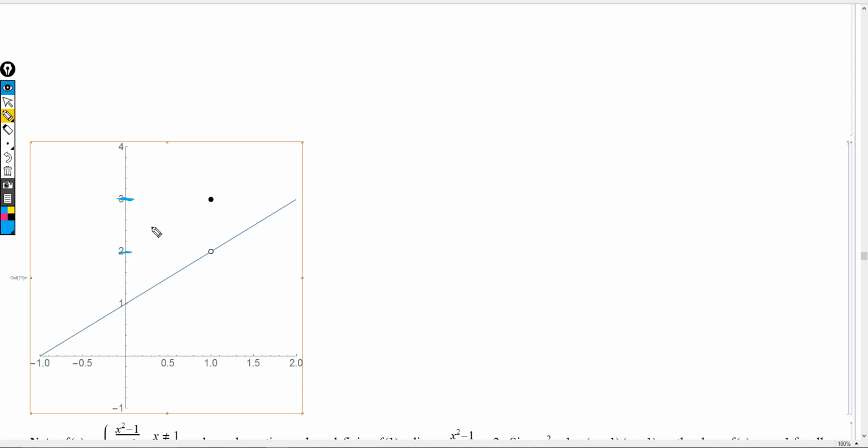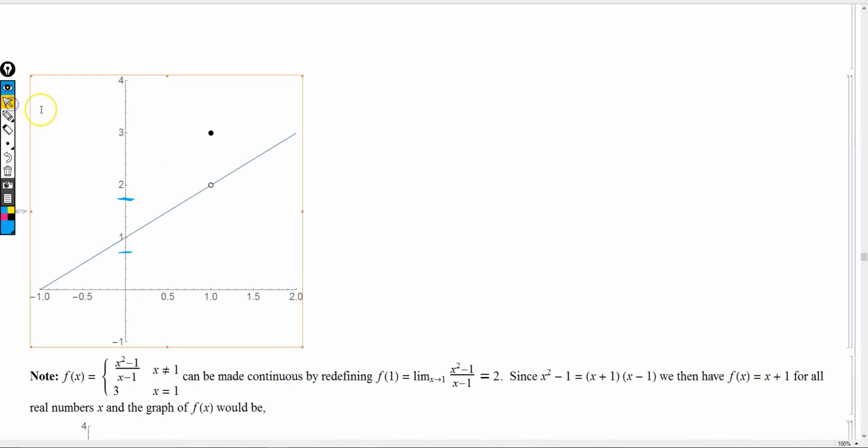All right, now notice this one thing down here. Notice that we could make this function continuous. All I would have to do is to take that little point right there and move it down here and fill in that hole in the graph. So we see that f of x can be made continuous by just redefining f of 1 to be the number 2.